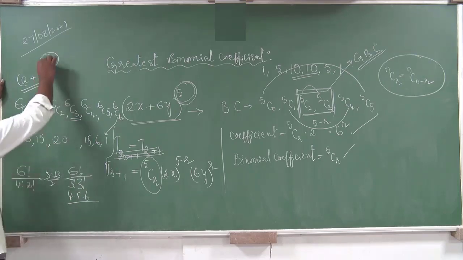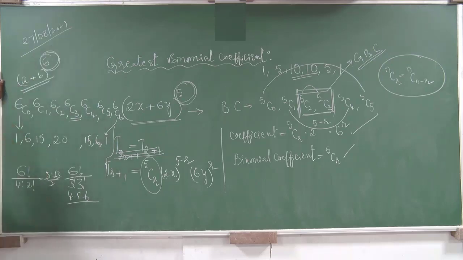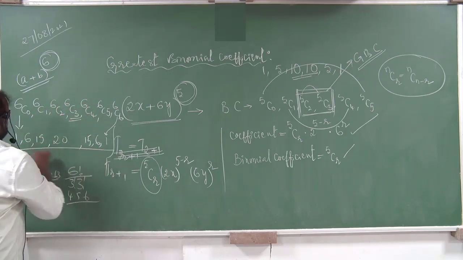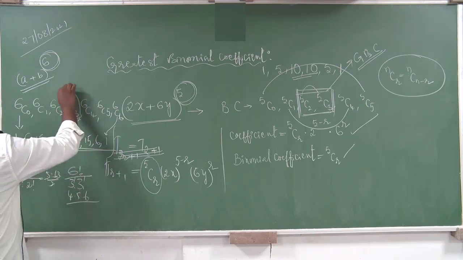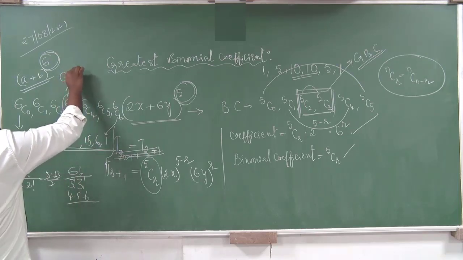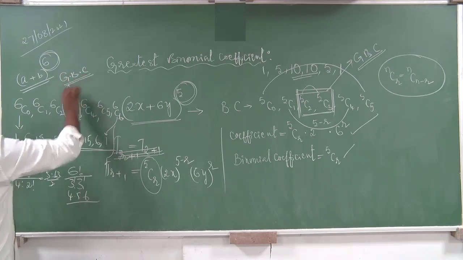So if the power value 6 is there, the binomial coefficients are 6C0, 6C1, 6C2, 6C3, 6C4, 6C5, 6C6. Out of these values, what is the greatest binomial coefficient? 6C3 is the greatest binomial coefficient.